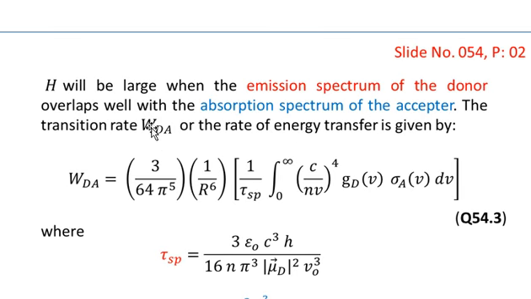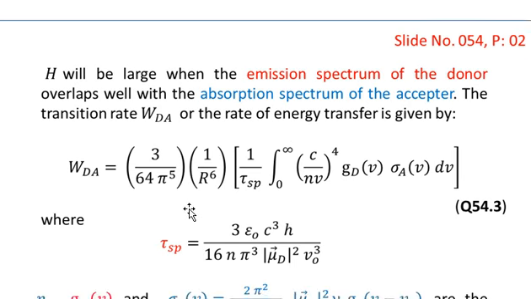The transition rate WdA, or the rate of energy transfer, is given by equation number 3.